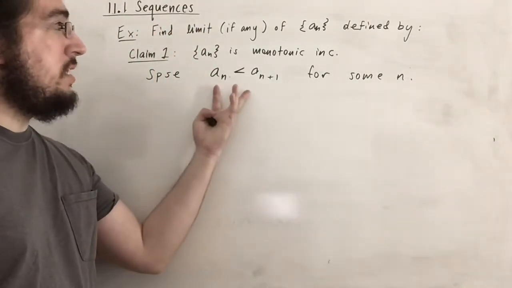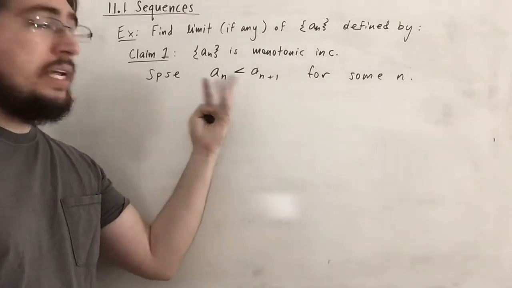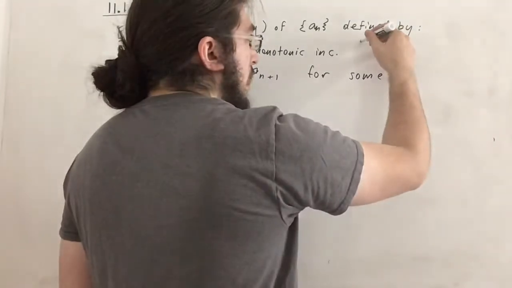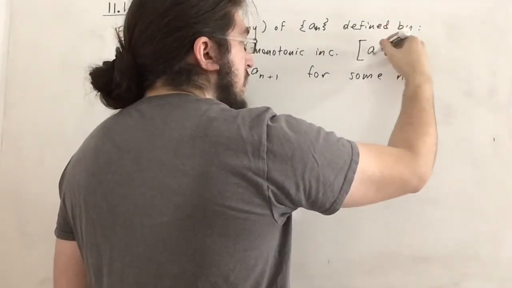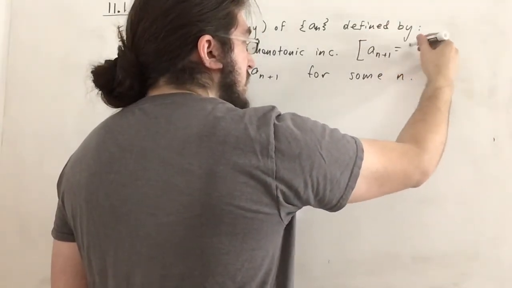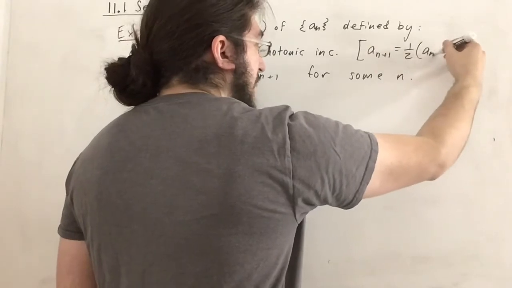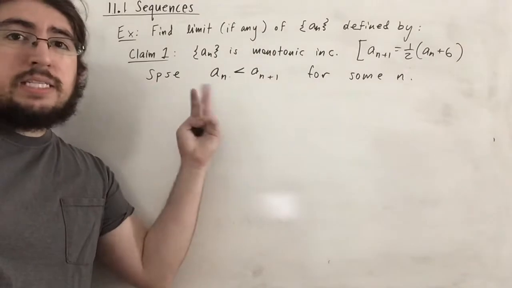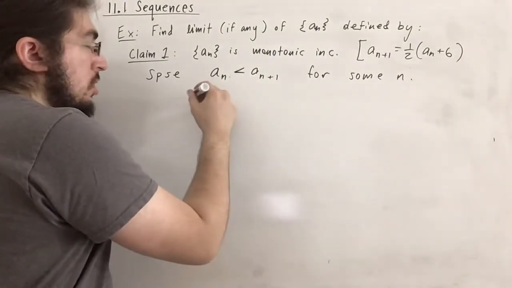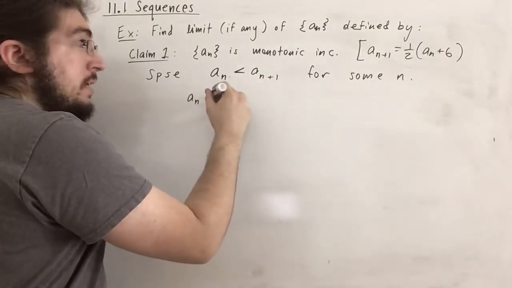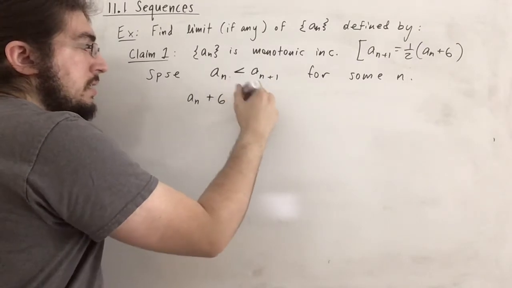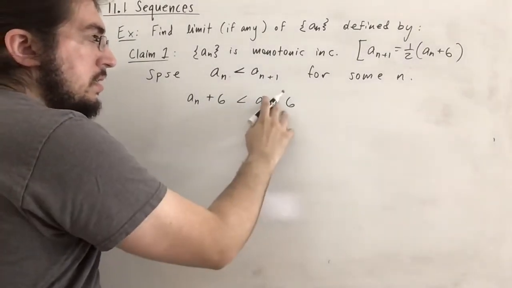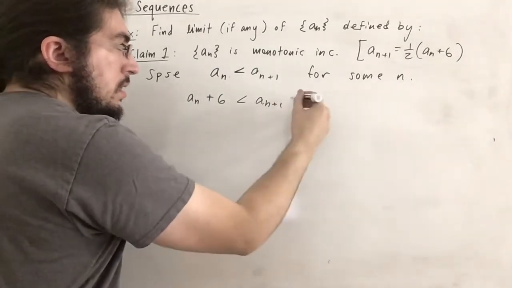And now what I'm going to do is manipulate each side with our recursive relationship, which I've erased since, but I'll write it here just to remind us. It was a sub n plus 1 is equal to 1/2 times a sub n plus 6. So basically I'm going to add 6 to both sides and then multiply by 1/2. So when I do that, I'll get a sub n plus 6, a sub n plus 1 plus 6, like that.